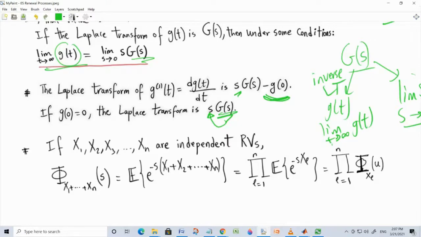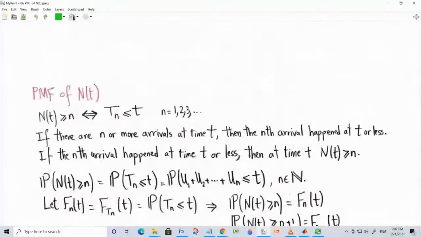Okay, so let's first study an arrival process, the Poisson process.